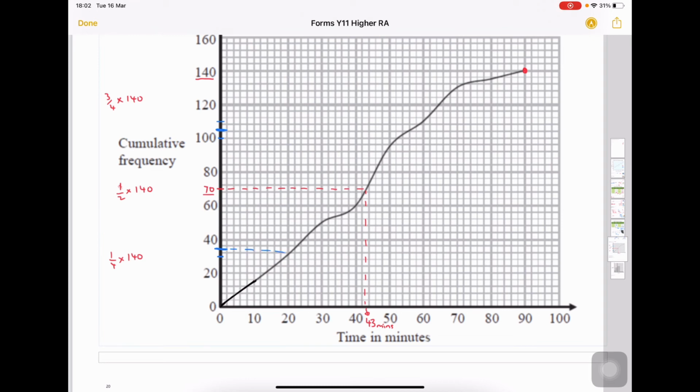So you just draw the lines to the cumulative frequency graph and draw a line down. The upper quartile will be roughly, because as you can see my annotations aren't the best, 56 minutes, and our lower quartile is roughly 20 minutes.